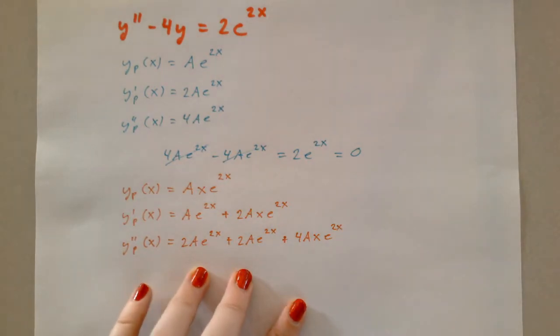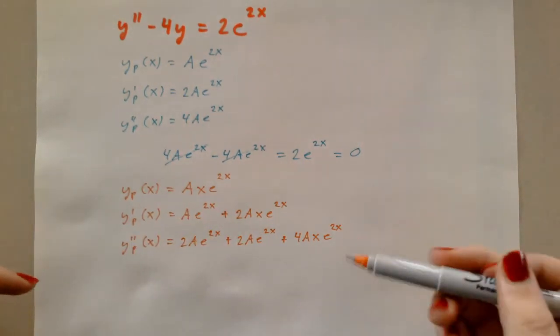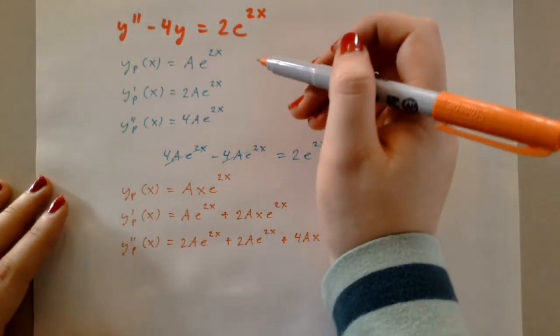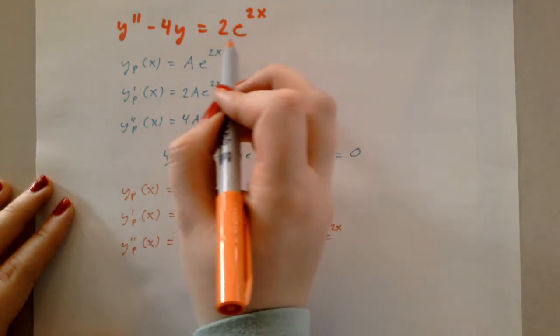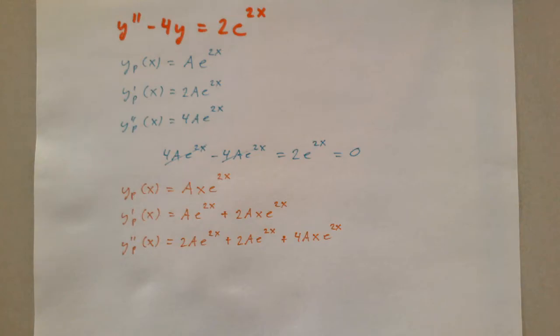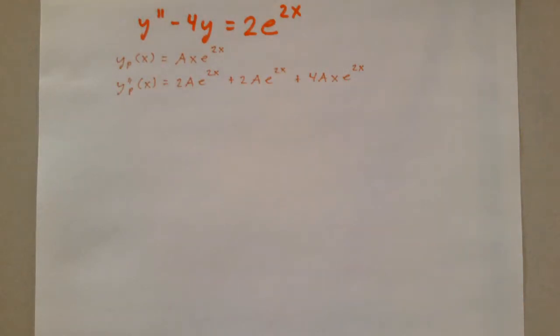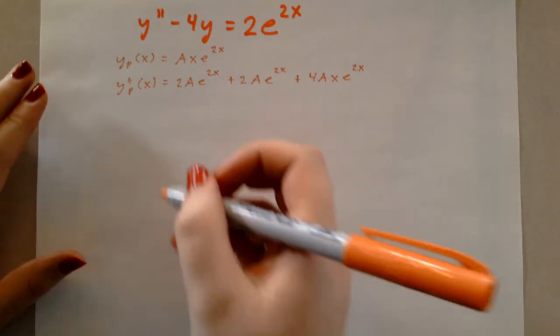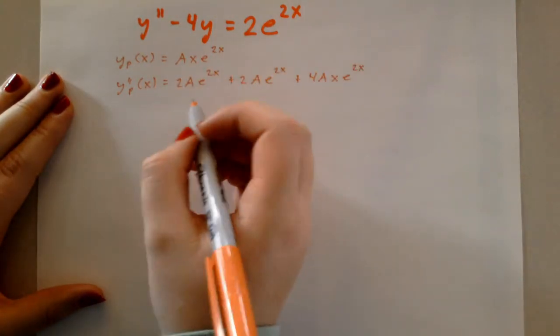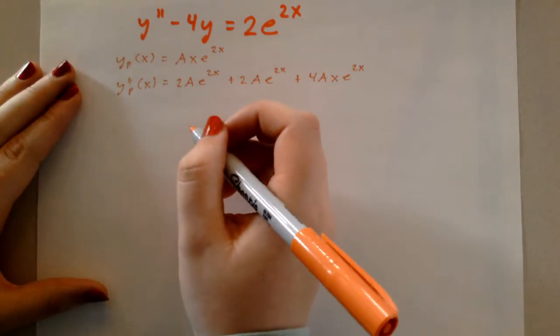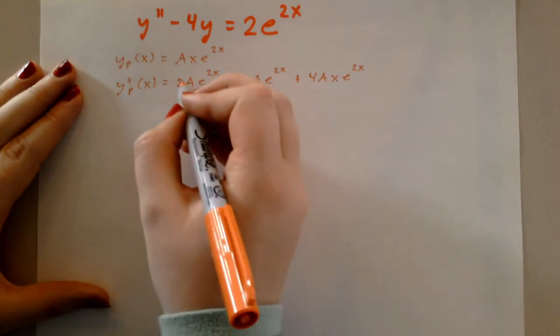Now that we have all the pieces that we need, we can go ahead and plug this back into our original equation to see if we get something in this form that we can then use. I've rewritten the parts of the particular solution that we need for this problem so that we have more space. Now we can go ahead and plug all of this in here. So for starters, we can lump these two terms together.